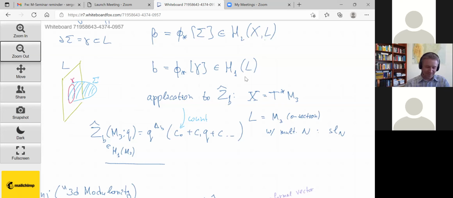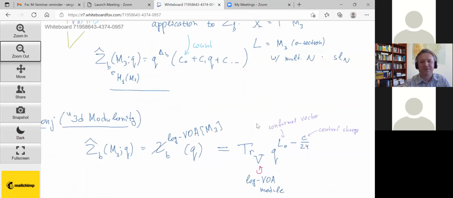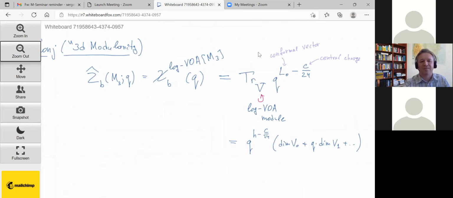So maybe to put in writing what this does, where do I have this module here? I'll scroll down first of all in the screen sharing and write it here, that this module V is basically a space of BPS states, which are open according to the above.